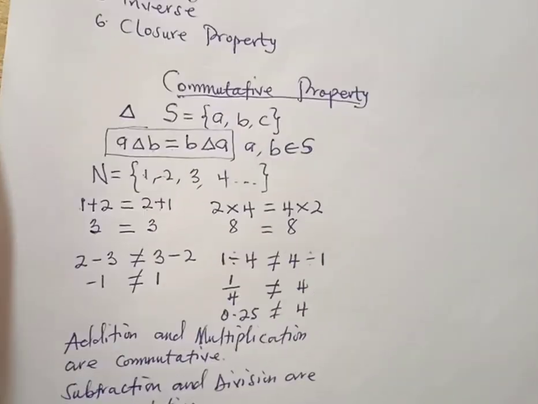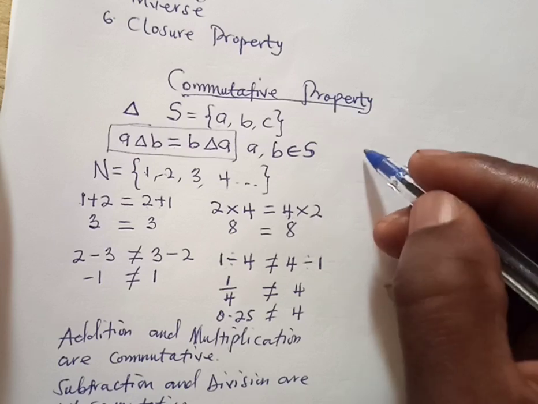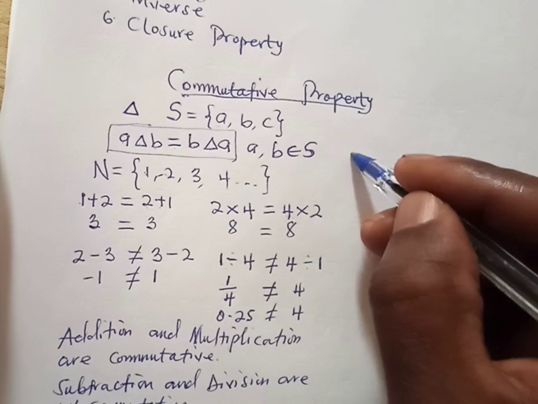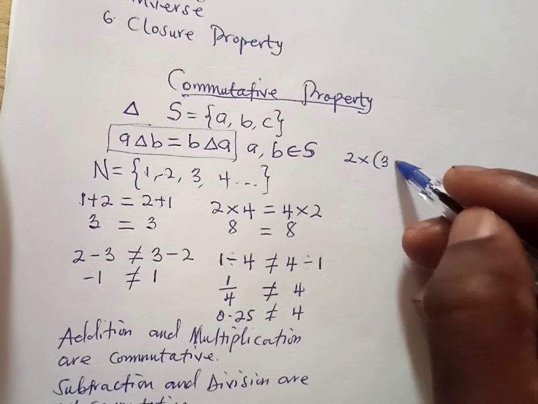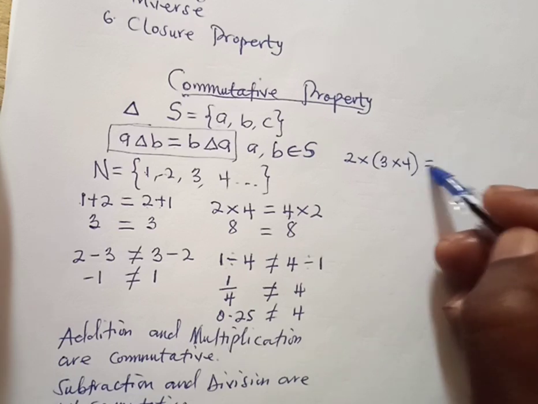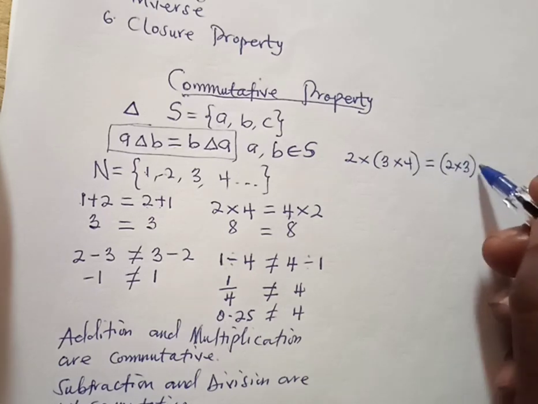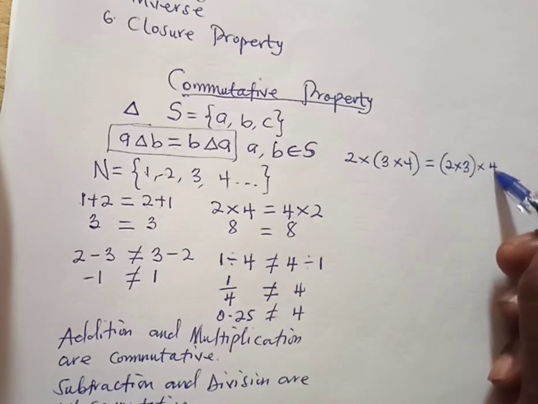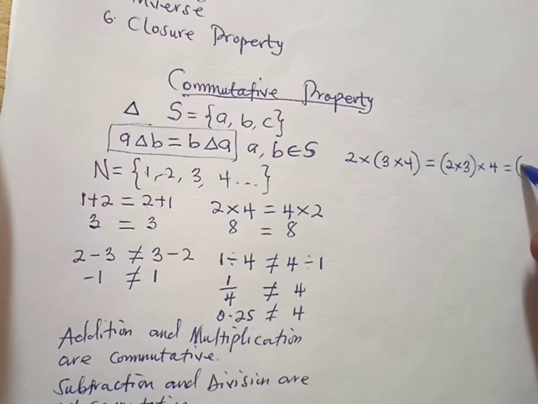Let me continue from here. I'm going to use the same numbers. So if I have 2 times (3 times 4), it should be the same as (2 times 3) times 4, and it should also be the same as (2 times 4) times 3.